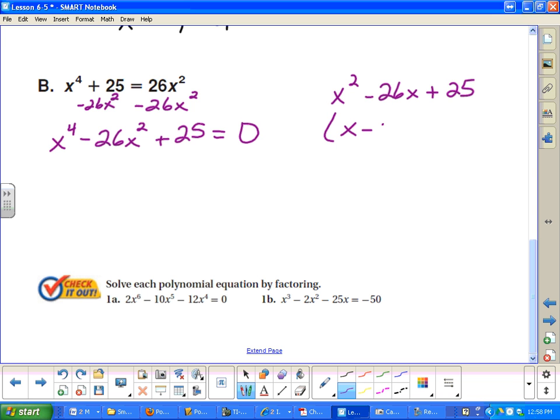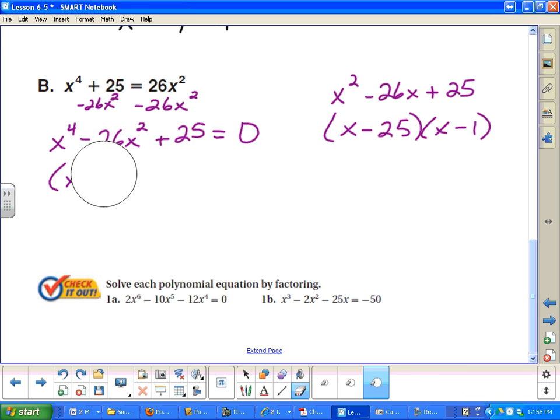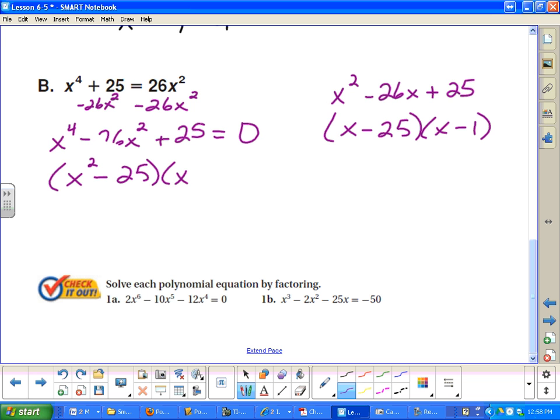So this would be x minus 25 and x minus 1. So the difference is, if this is to the fourth power and that's squared, I get the same thing, except it's going to be x squared minus 25 and x squared minus 1.